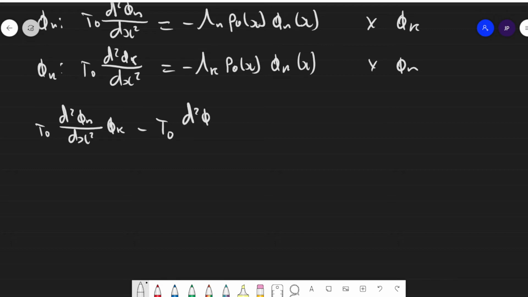Then k subscript n. And then we'll end up with, let's say, minus lambda n minus lambda k.